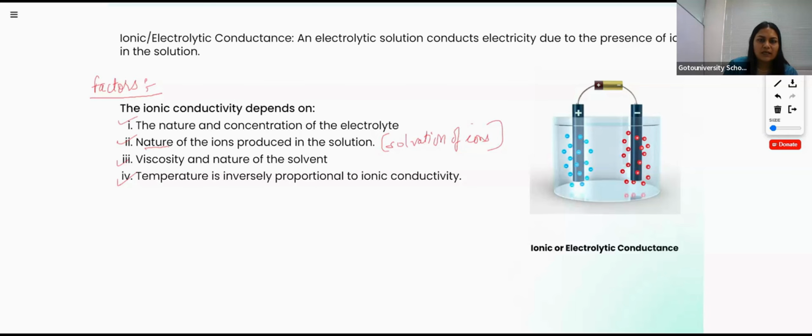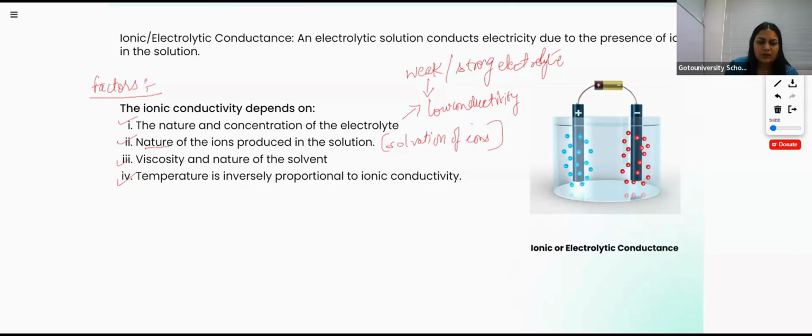So how does the ionic conductivity depend on the nature and concentration of ions? There are two types of electrolyte, weak and strong electrolyte, that you must have studied in grade 11. A weak electrolyte shows low conductivity, or say its molar conductivity is low.